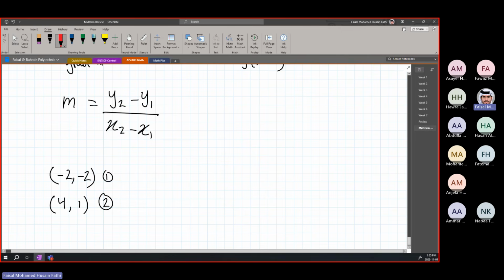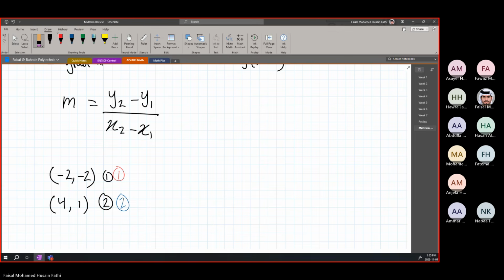So this is y2, x2, and this is x1, y1. Now let's write the m equation: m is equal to y2 minus y1 over x2 minus x1.